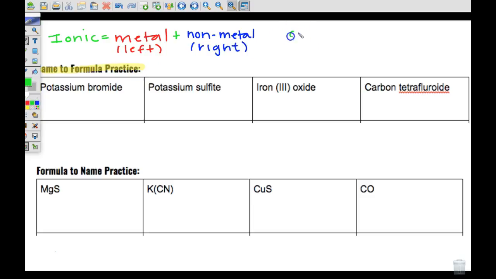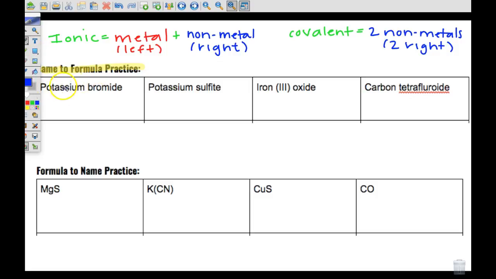The other type of compound are covalent compounds. And covalent compounds are made up of two nonmetals. So two elements from the right side of the periodic table. And based on which type of compound it is, it has a different set of nomenclature or naming rules.